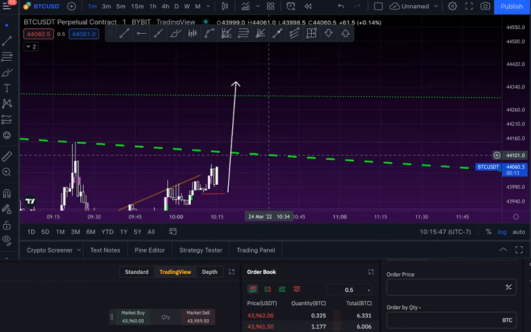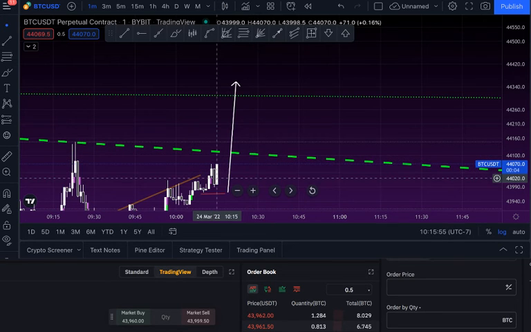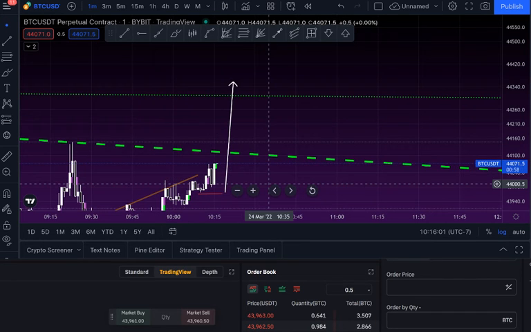Okay, we're up 6%, $15. So this is a pretty big candle for a swing low. Steady Bybit or FTX buying, Binance.